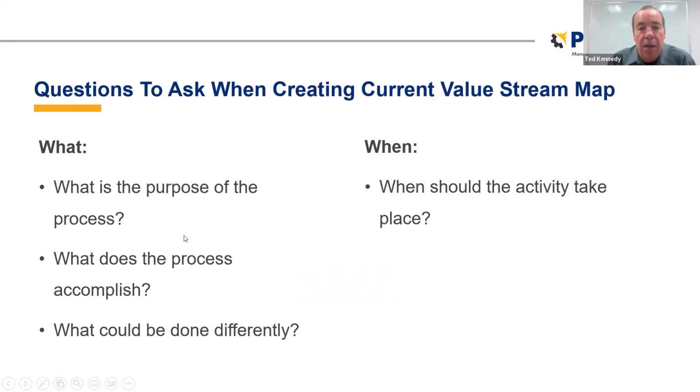So again, when you go through this, you look at the processes too. Say to yourself, what is the purpose of this process? What is it accomplishing? And can it be done differently? Can you take 2 processes and combine them into one? Do you actually need the process? I've seen a lot of inspection operations that can be eliminated often.